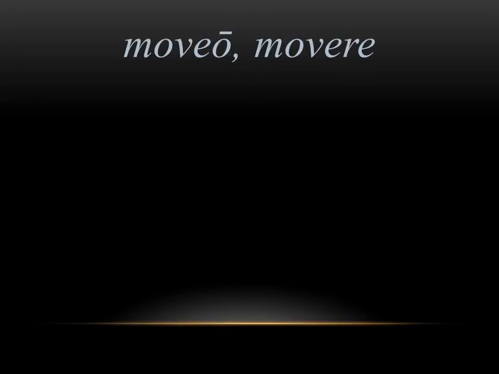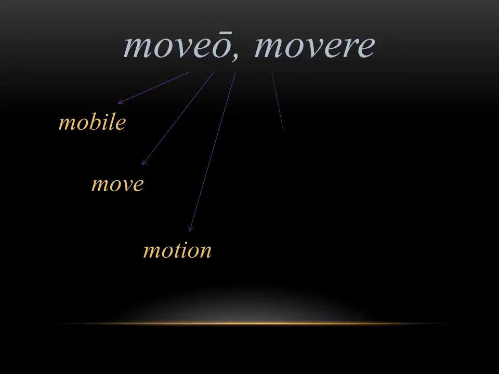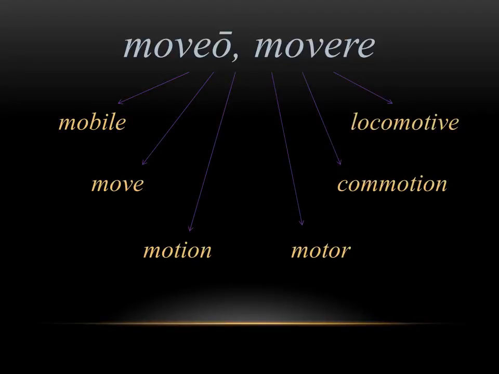The word we have is movere, which means to move in Latin. And this gives us a few English derivatives that are all holding that similar meaning. These include mobile, move, motion, motor, commotion, and locomotive. At their core, all 6 of these are talking about movement. They might mean slightly different things, but that's the root.